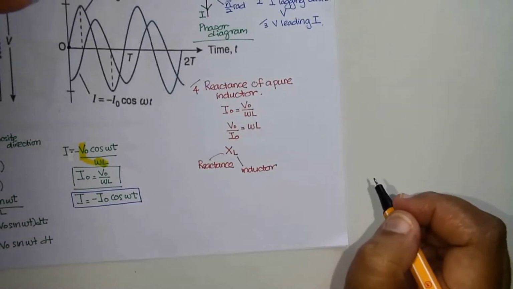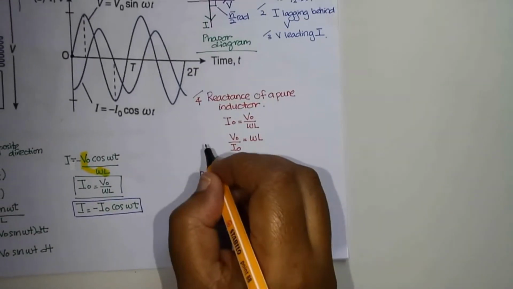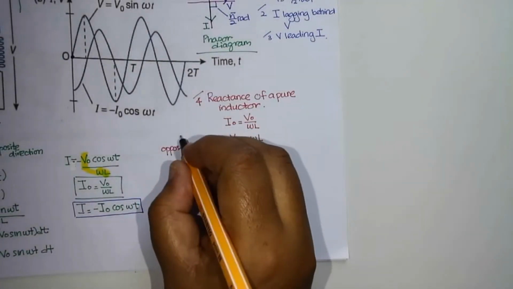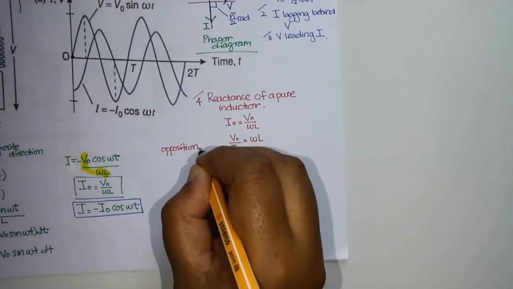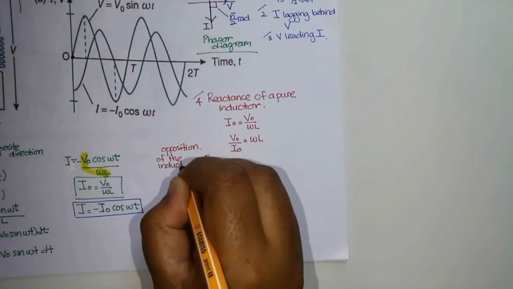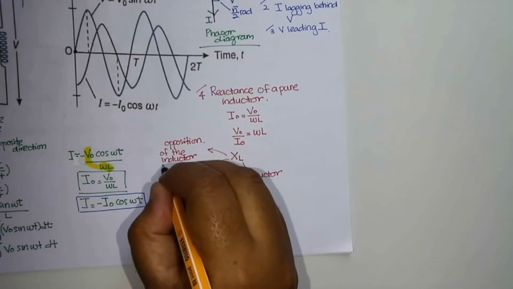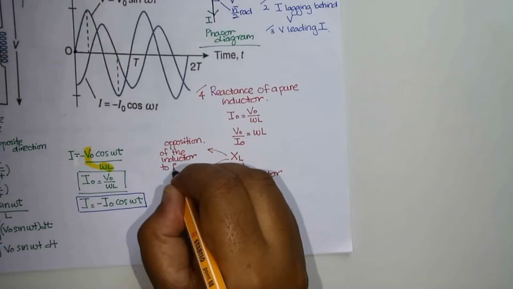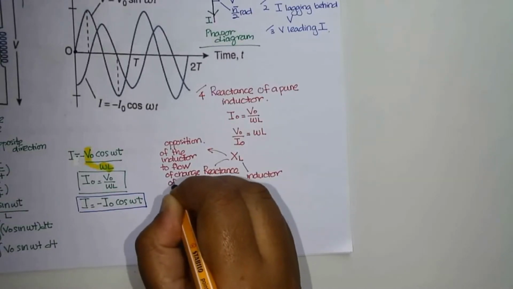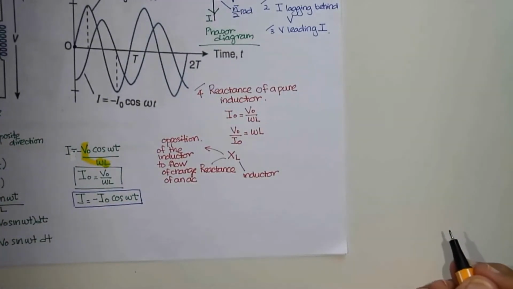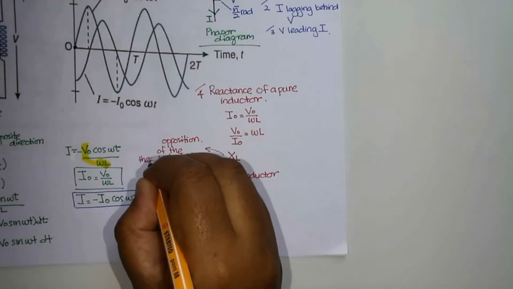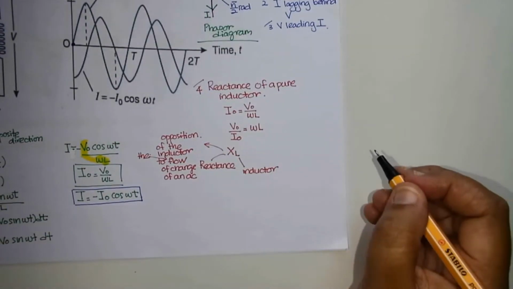XL, which is the reactance of the inductor, is actually the opposition of the inductor to the flow of change of an AC.